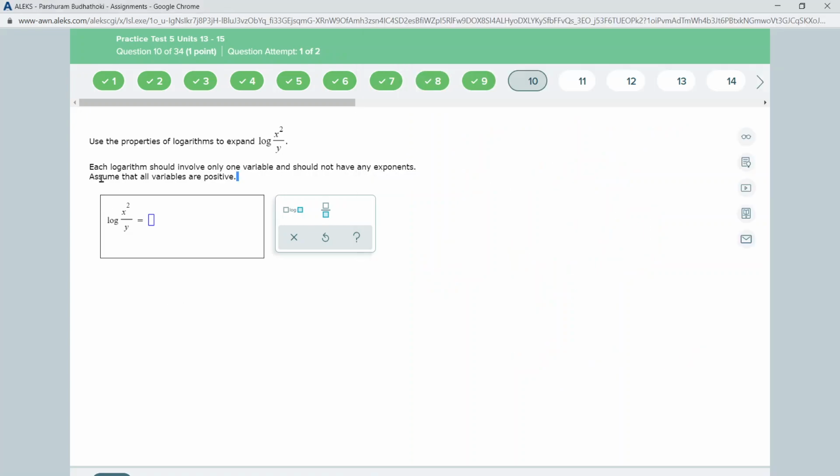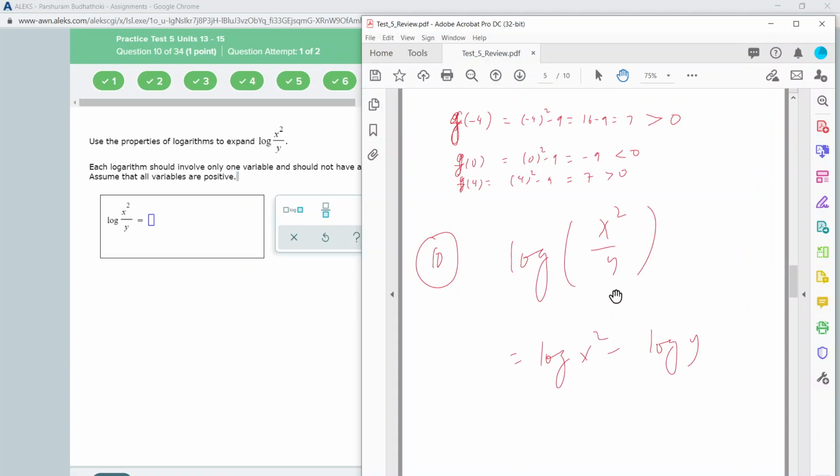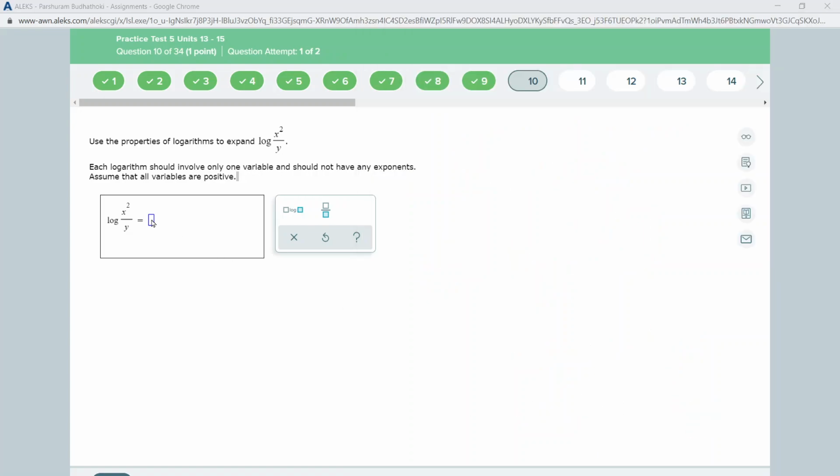But if you read the problem, each logarithm should involve only one variable and should not have any exponent. So you don't want this exponent on x squared, but by using the power rule, you can bring that in front. So that's how you can expand: 2 log x minus log y. That's what we found.